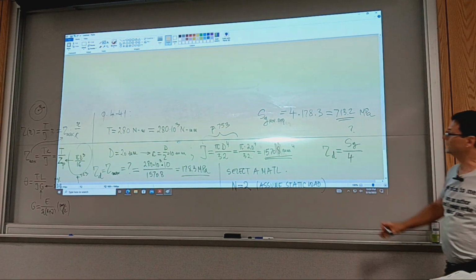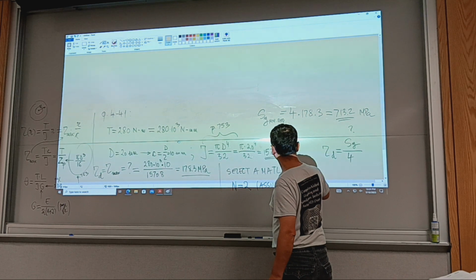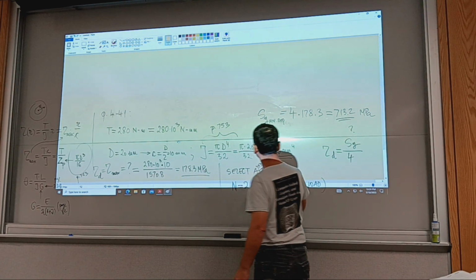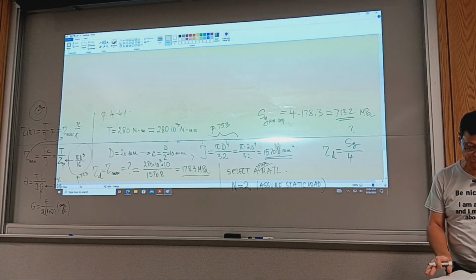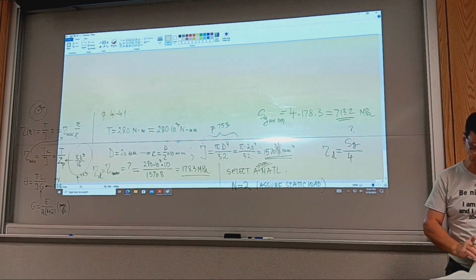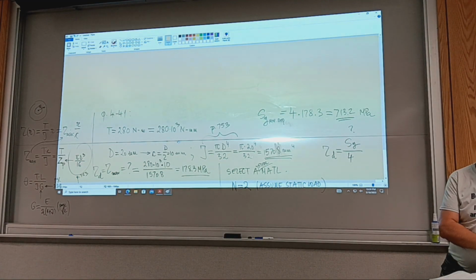Now, again, we need to select the material, and it has to be a steel material. So with this, we go to the appendix on carbon and alloy steels, not structural steels. Carbon alloy steel is on page 782.